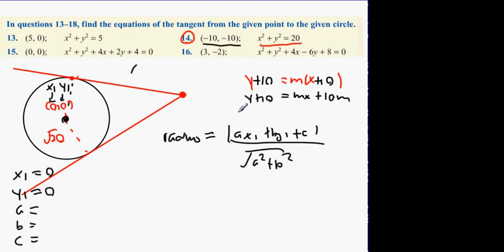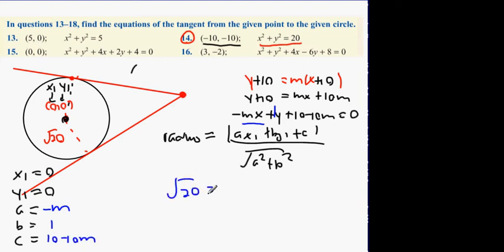Going to bring everything over one side. I'm going to get minus mx plus y plus 10 minus 10m equals 0. Upon doing that, I realised that the a value is minus 1. The b value, anybody? 1. C value? 10 minus 10m. Now radius is root 20.